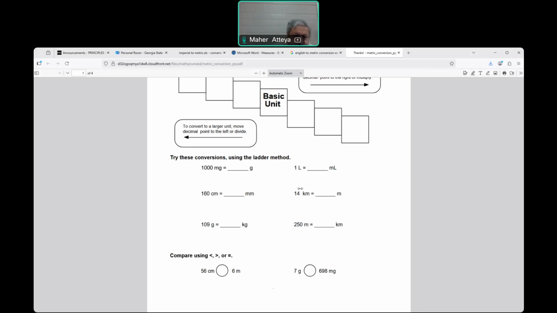So we have 160 centimeters over 1. I have to go to the basic unit, meter. Centi is 10 to the minus what? The value of centi here is 10 to the minus 2, so I put in front of it the opposite sign, 10 to the plus 2.